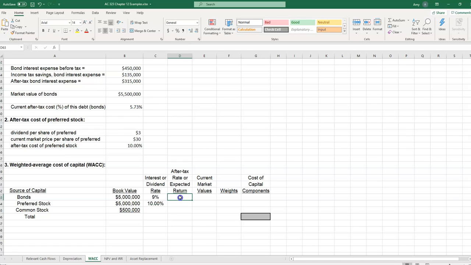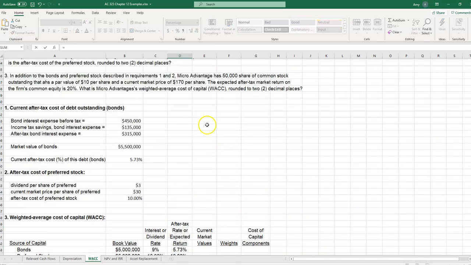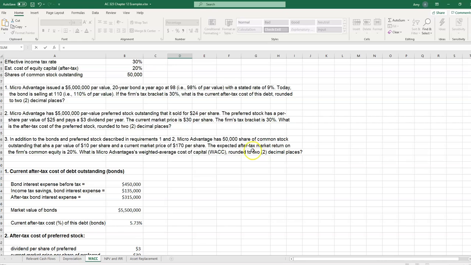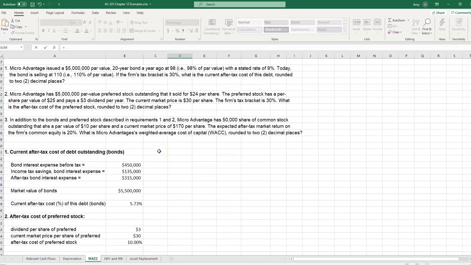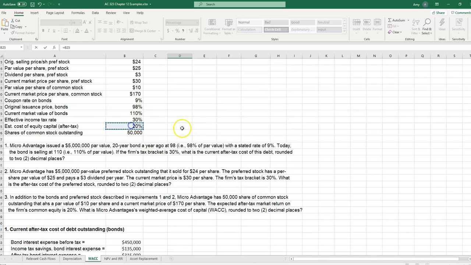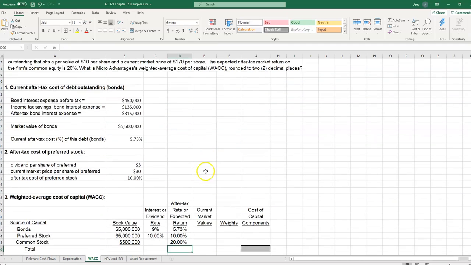Our after-tax rate or expected return we calculated for bonds is 5.73%, and for preferred stock is 10%. Now this problem tells us in the information that our expected market rate of return on common stock is 20%.